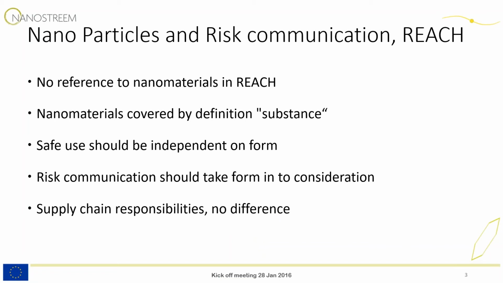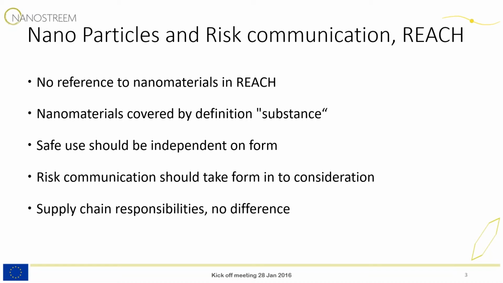So the regulatory framework when talking about chemical risks in Europe is REACH. And although there is no reference to nanomaterials in REACH, the definition of a substance also covers nanomaterials. And REACH states that the safe use should be there for all forms of a substance.